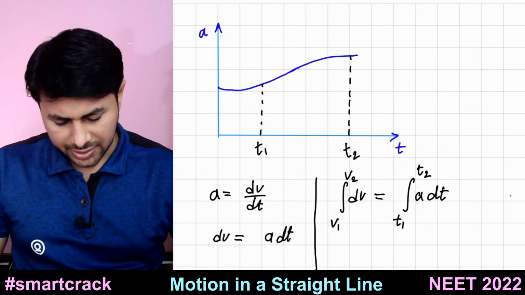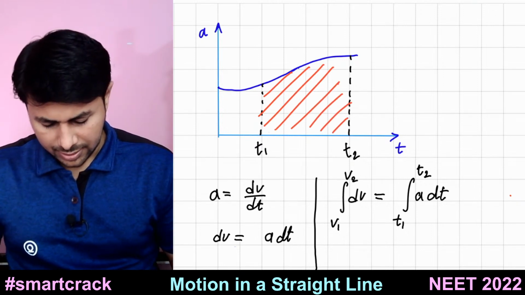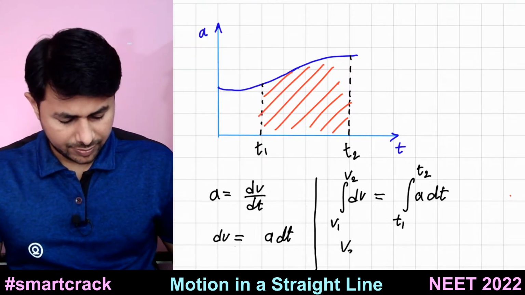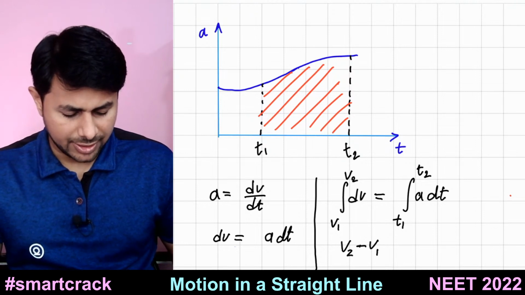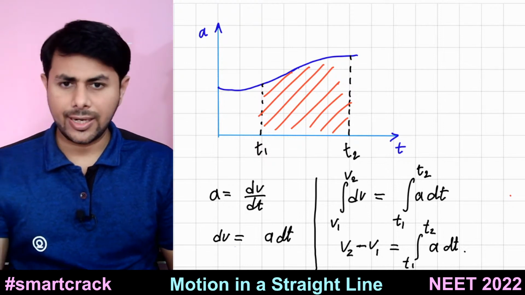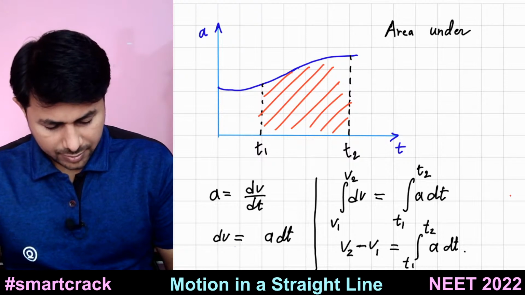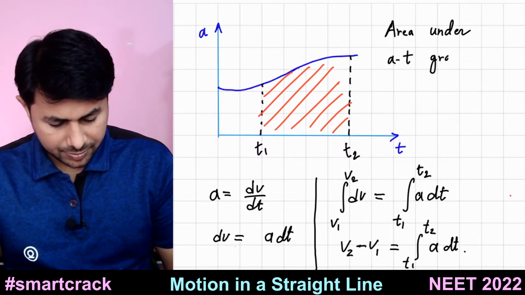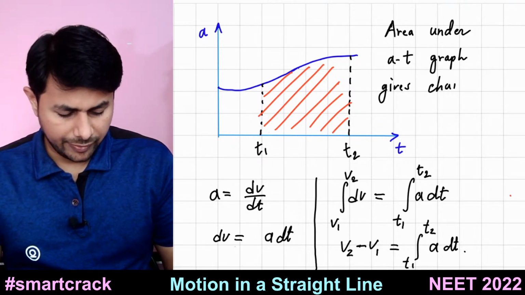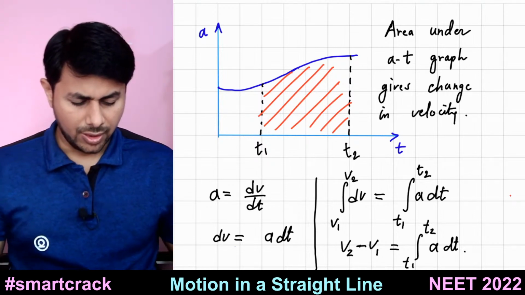Okay, so this integration gives me area under acceleration versus time graph, and this integration means the change in velocity. v2 minus v1 is equal to, okay, so I will write area under the a-t graph gives change in velocity.